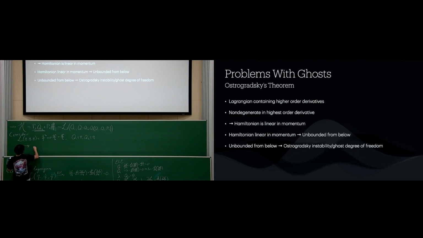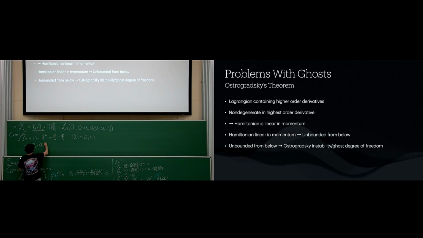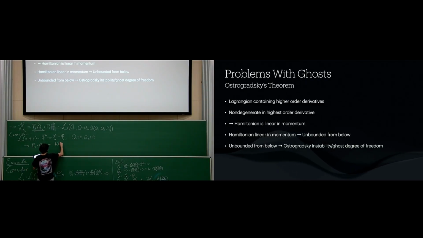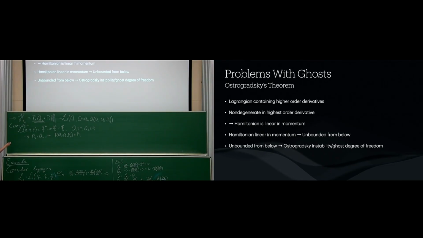This gives us the canonical momentum P2 equals Q2 dot, which implies that f of Q1, Q2, P2 is equal to P2. We don't really care about P1. It's just a canonical coordinate at this level. We could explicitly compute it, but we don't need it when we go over to the Hamiltonian formalism.